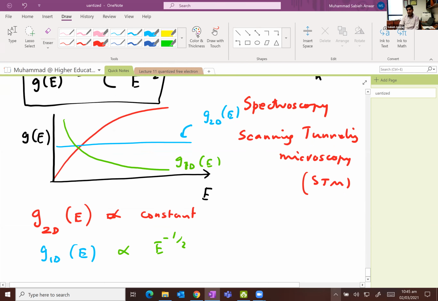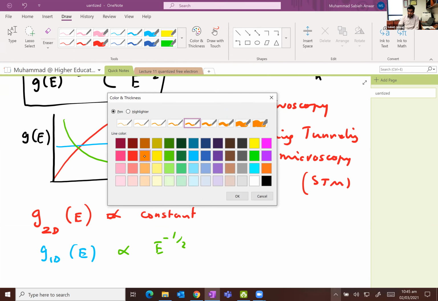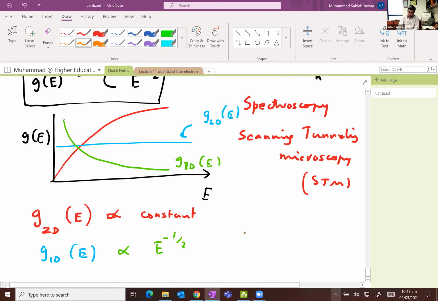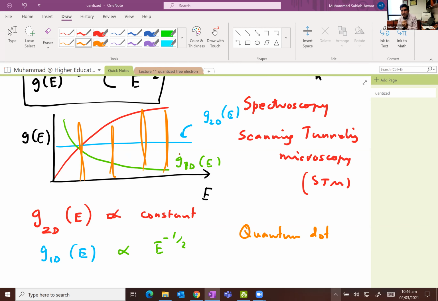And if I were to have a zero-dimensional solid, which is called a quantum dot, the density of states is going to be quantized: Dirac delta functions. Just like an atom, a zero-dimensional quantum dot is an artificial atom. And we know that in an atom, the energy levels are quantized. They come at sharp values.